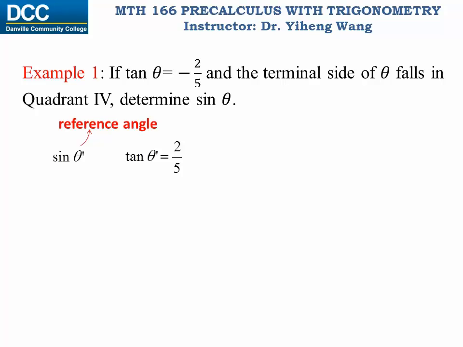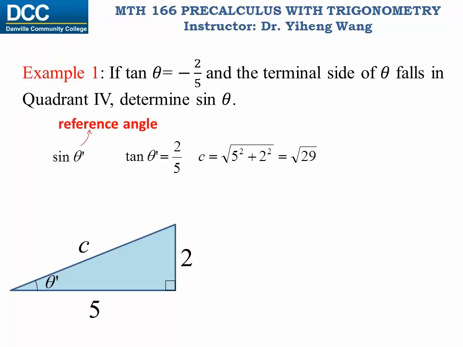Based on this information, we can represent theta prime as an acute angle in a right triangle. We have 2 sides of this right triangle, and we can determine C using the Pythagorean theorem to be square root of 29. Therefore, sine theta prime is 2 over square root of 29, which is 2 times square root of 29 over 29.